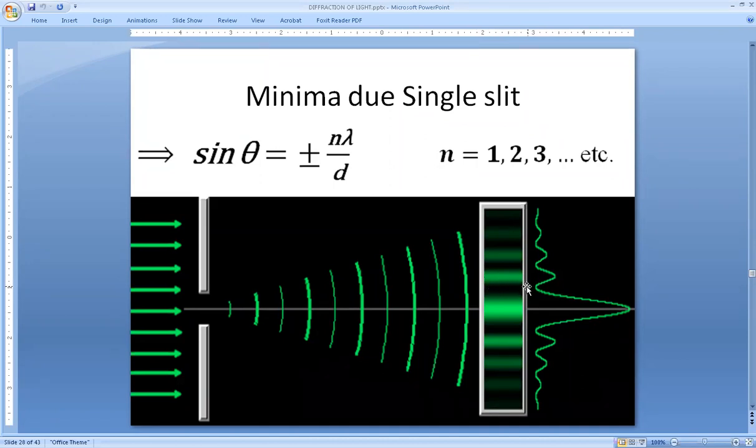This is one minima, this is another minima, etc. And symmetrically, for the central maxima, there is one minima on one side and another minima on the other side. These are the first minimas. In between the pair of first minimas, you are going to have the principal central maxima.